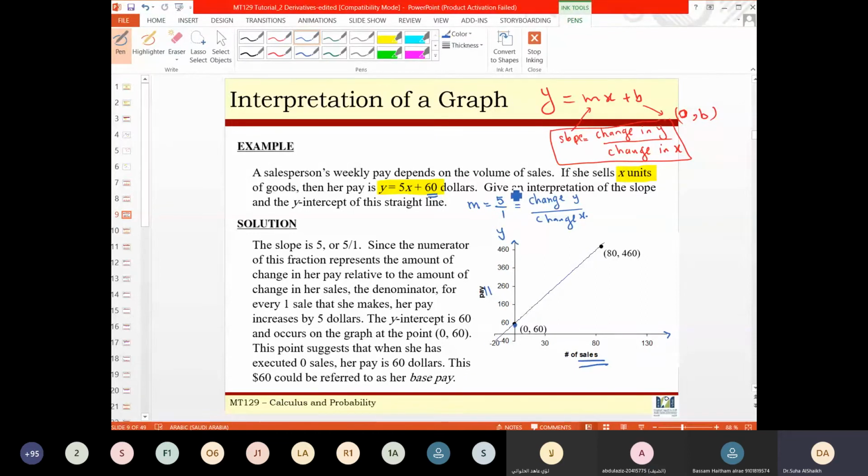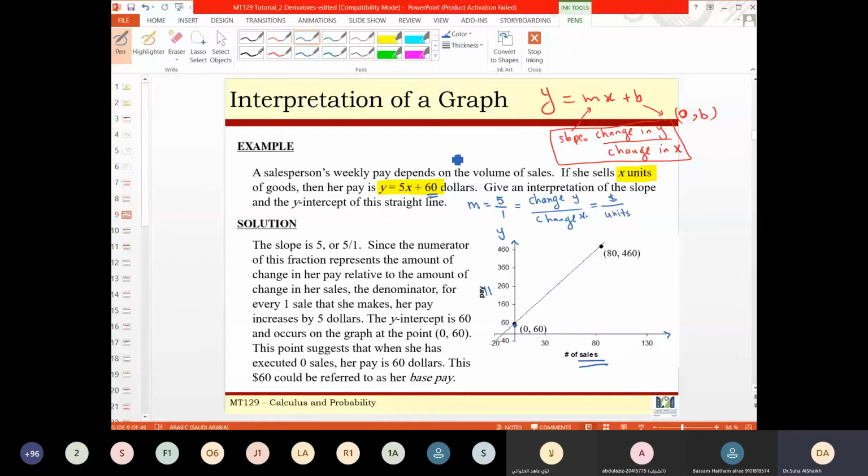So since m is 5 over 1, it means her pay changes by $5 for each one sale she's making. The y here is dollars, and the x is the units she's selling. So what does 5 over 1 mean? It means she's getting $5 for each one unit she's selling.